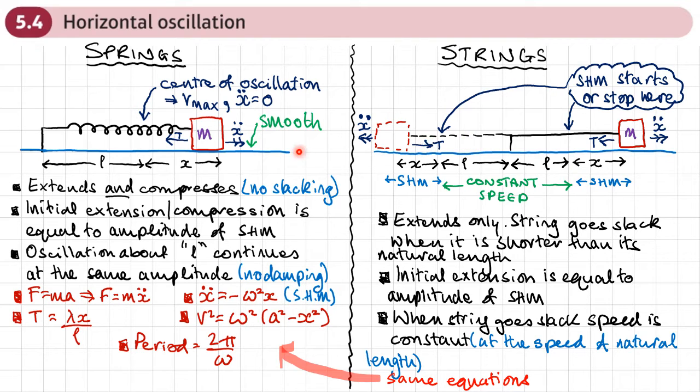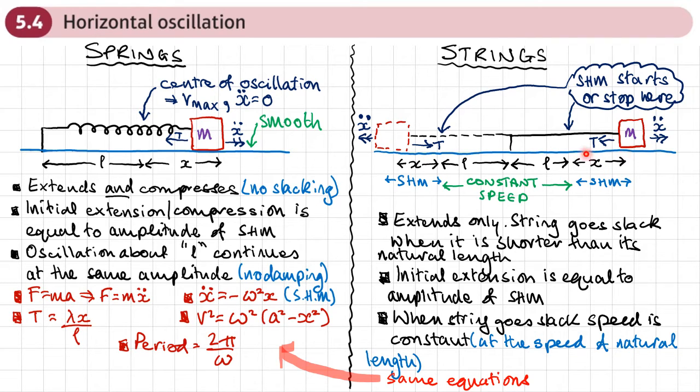So there are going to be some slight differences to the way that we approach these 2 slightly different types of question. And just like we made a simplification and said there was no damping with the spring oscillation, there's going to be no damping for the oscillation part, the simple harmonic motion part of the string.